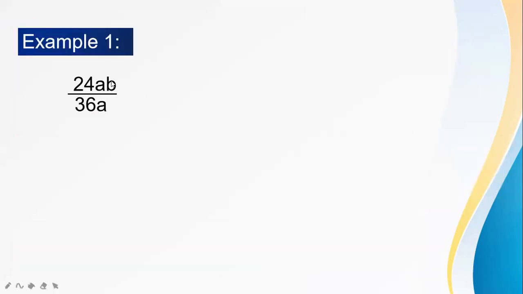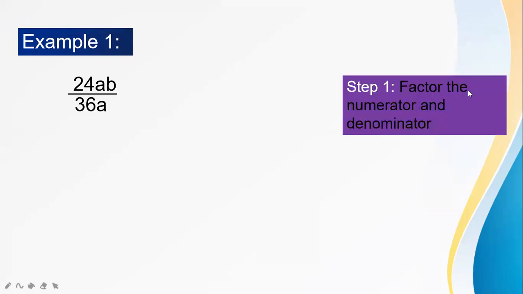Example number 1, we have 24ab over 36a. Let's simplify 24ab over 36a. The first step is to factor the numerator and denominator. Get the factors.